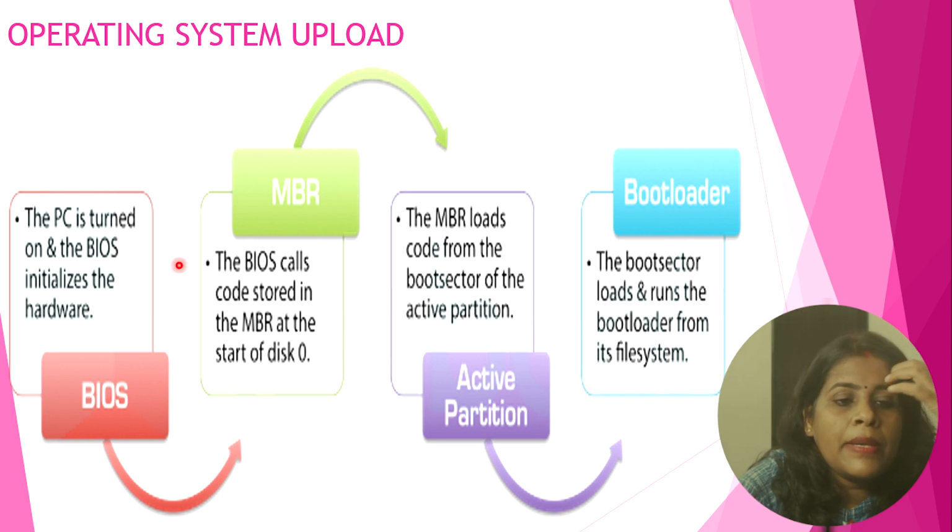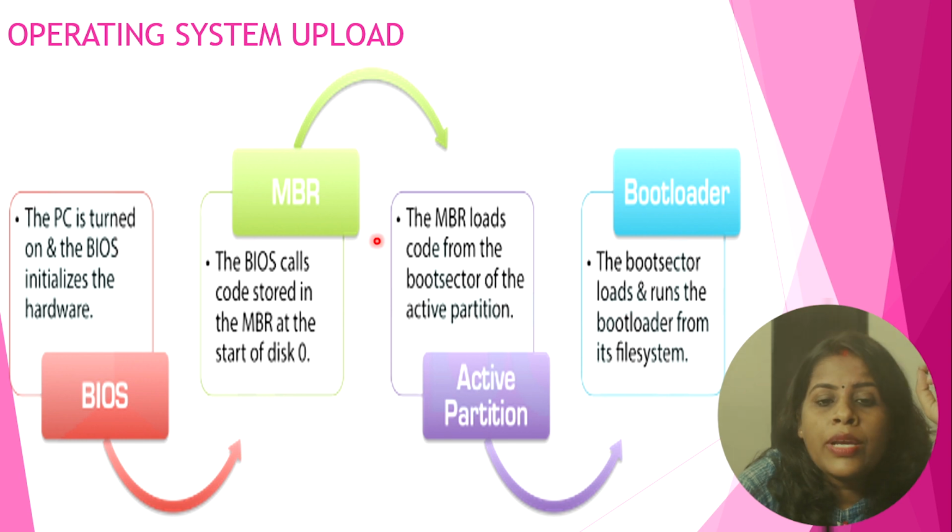When the PC is turned on, the BIOS initializes the hardware, and the BIOS calls the code stored in the MBR at the start of the disk. It loads the code from the boot sector of the active partition. The boot sector loads and runs the bootloader from its file system, and booting takes place.